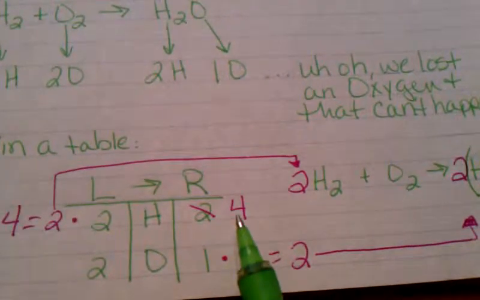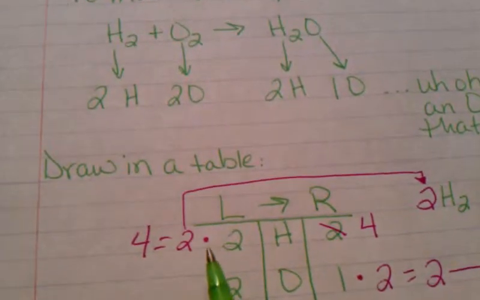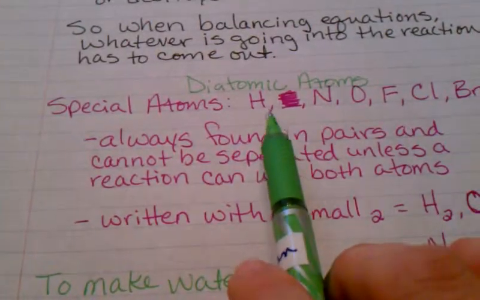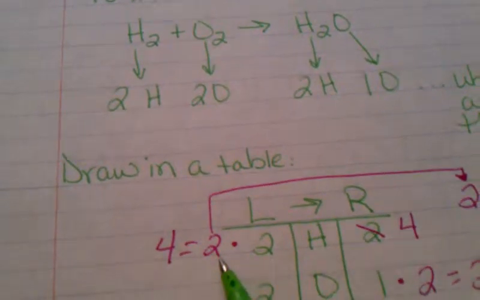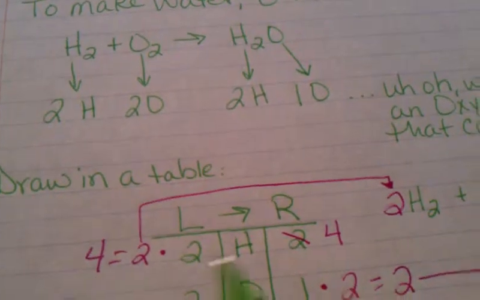Well, now if I can't create elements, that's where my little Siamese twin elements come into play, these special diatomic ones, okay? So I have to have two more sets of hydrogen in order to make water, okay?